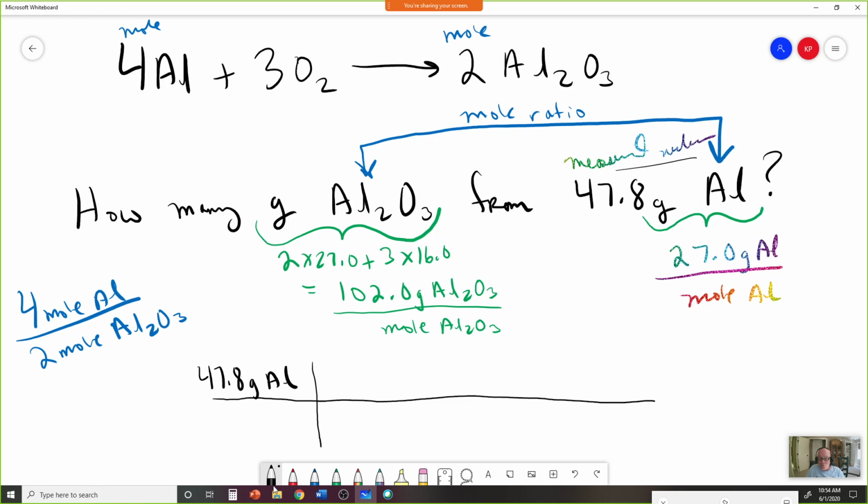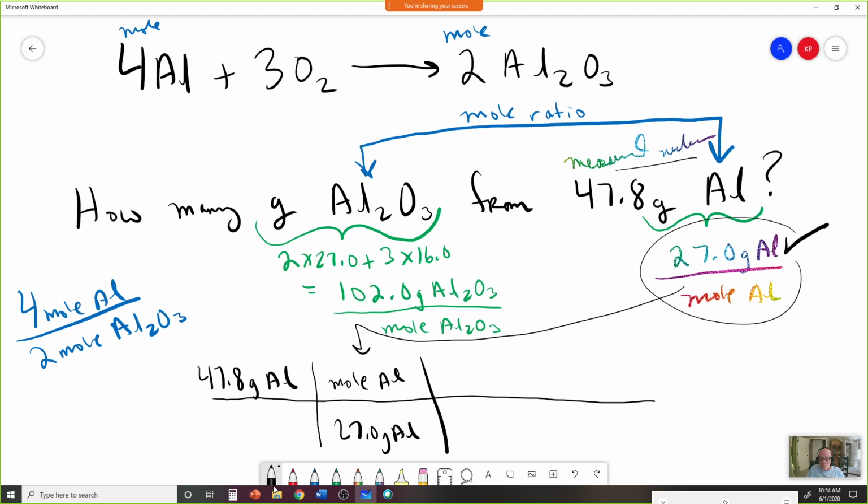And so I match units. I find grams aluminum, there it is right there. I have to flip it over: 1 mole aluminum for every 27.0 grams aluminum. I've got a check mark by it now. Now I need to find moles aluminum where I have not checkmarked.